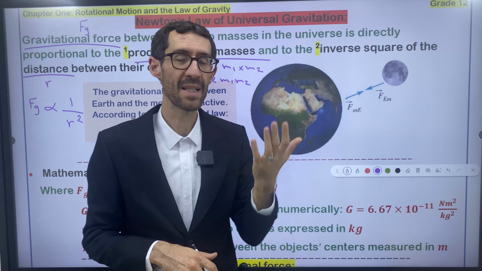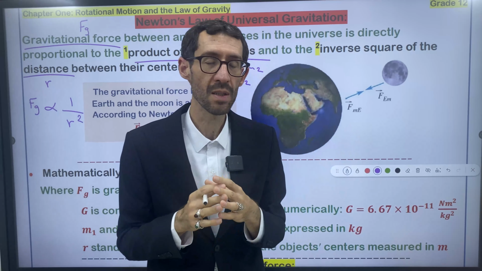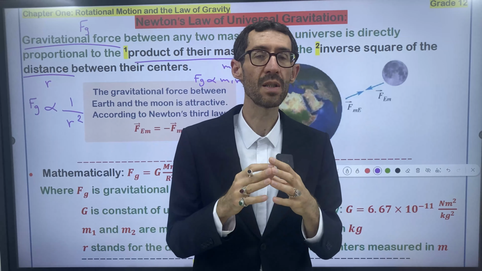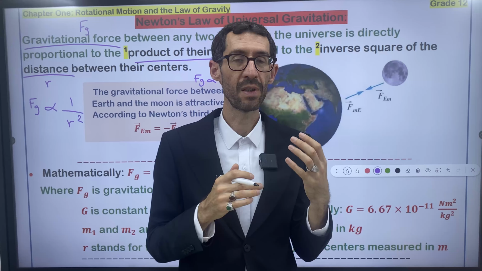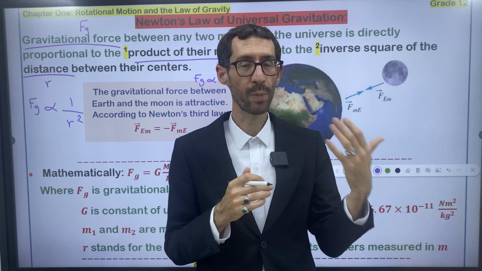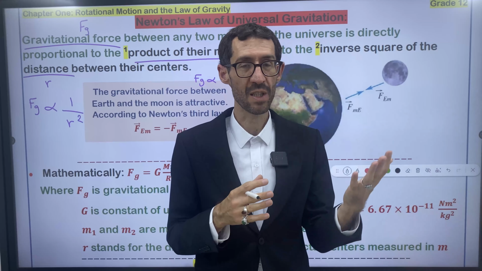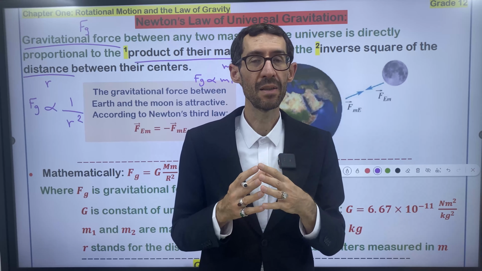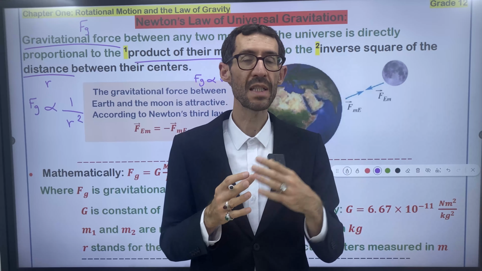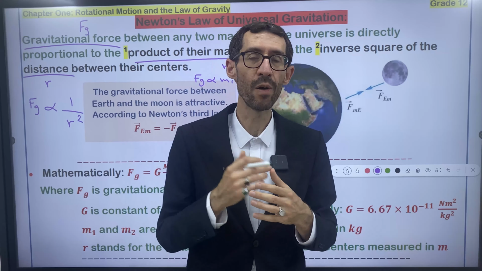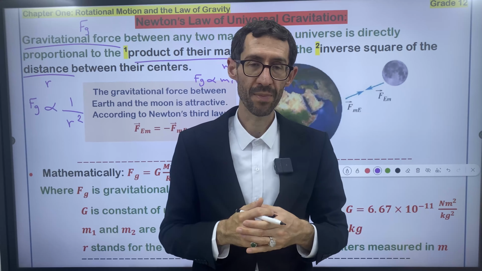It talks about the mass of the interacting objects: gravitational force is directly proportional to the product of their masses. That's the first part, and it is inversely proportional to the square of the distance between the centers of the objects, right?